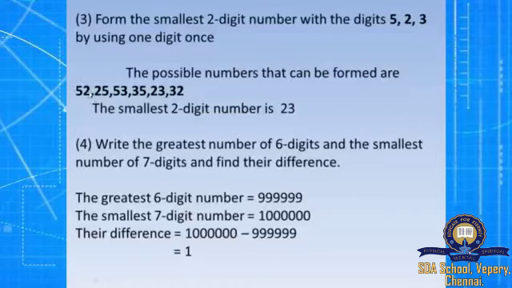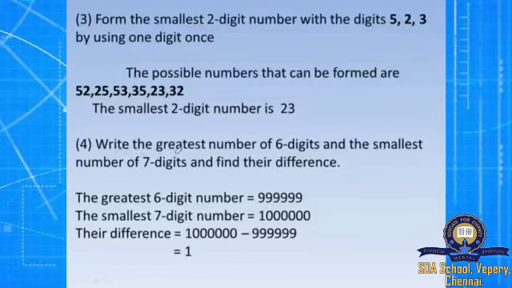By reversing, we can form 25. 53. By reversing, we can form 35. 23. By reversing, we can form 32. From this, we can find the smallest two-digit number. When you see, 23 is the smallest two-digit number.